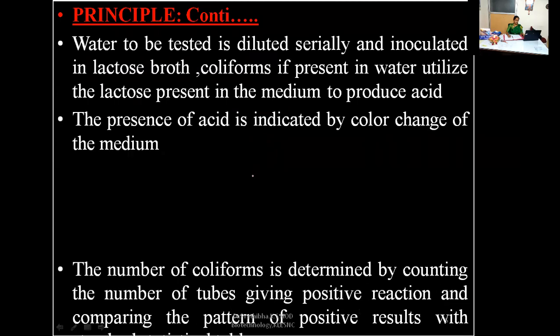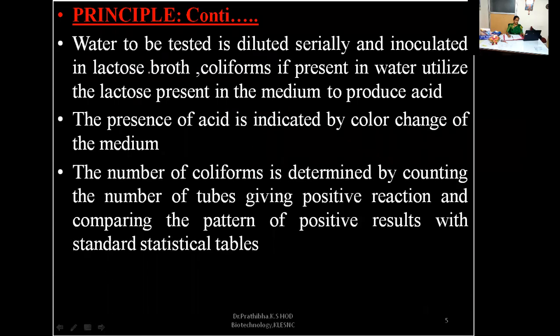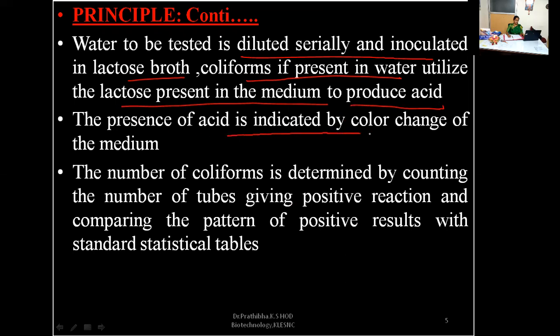In the next slide, you can see the brief principle behind this experiment. Water to be tested is diluted serially and inoculated in the lactose broth. After inoculation, coliforms, if present in water, utilize the lactose present in the medium to produce acid and gas. The presence of acid is indicated by color change of the medium.